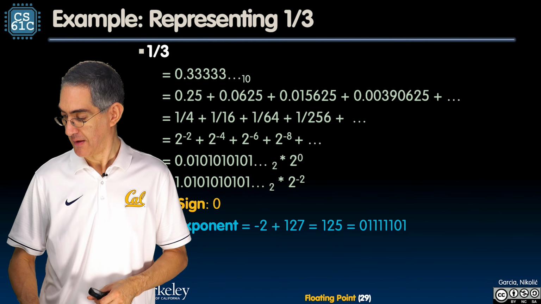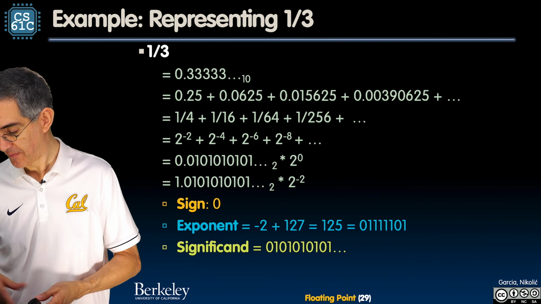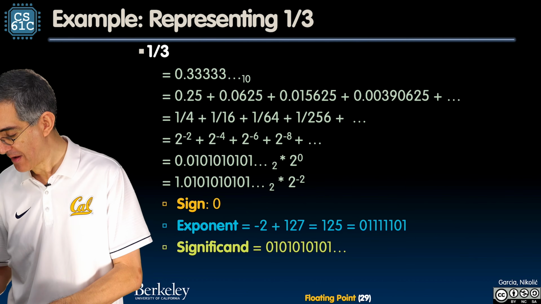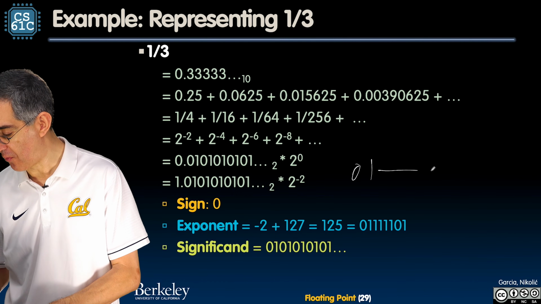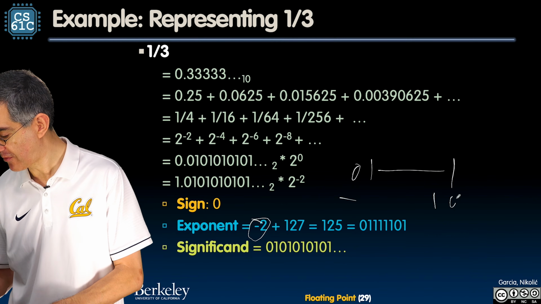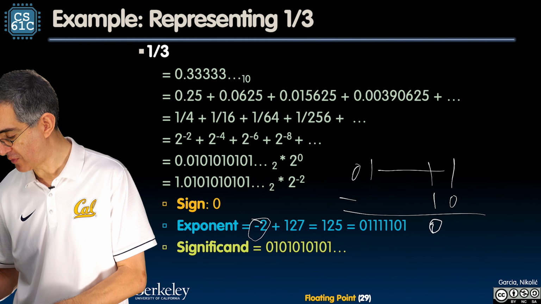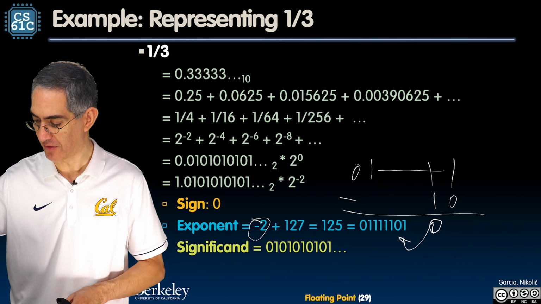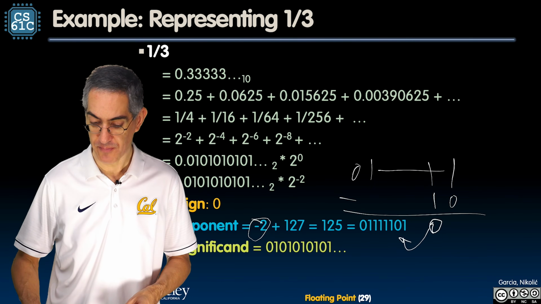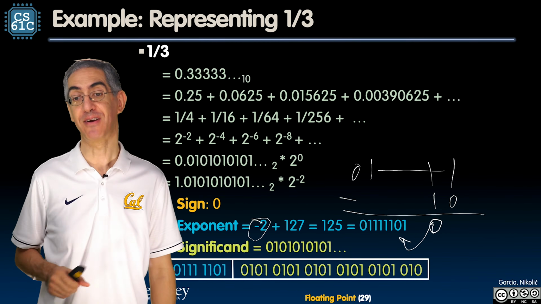Another way to say that: 127 is 0 and all ones. Minus 2 says minus 2, which is why there's a hole here. The significand is 0, 1, 0, 1, so I'm left with this bit pattern, and that is a third. Kind of a neat bit pattern.